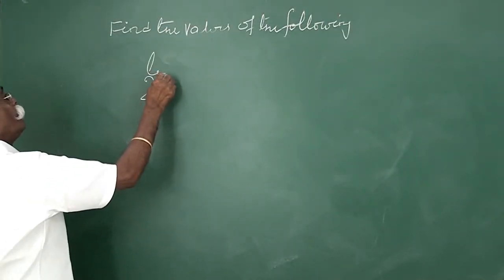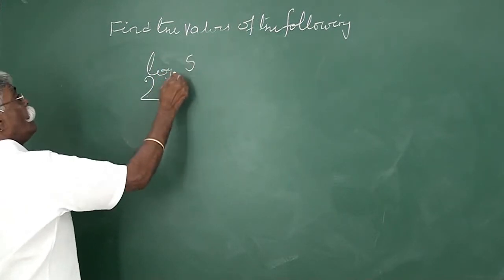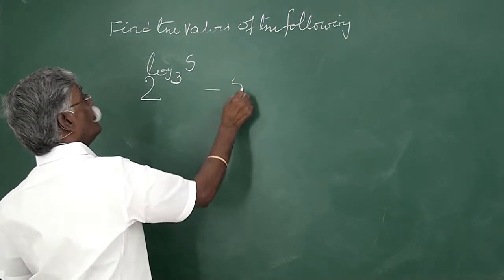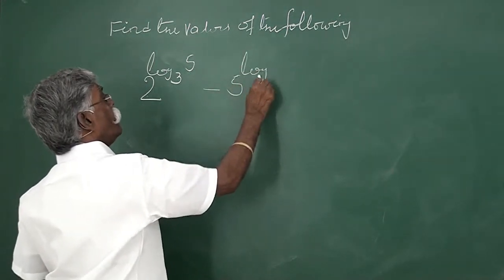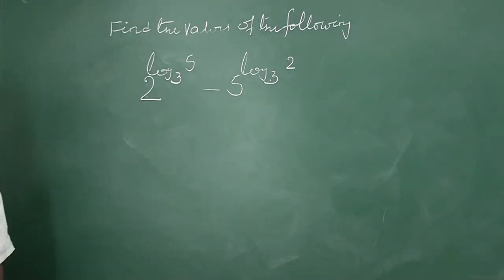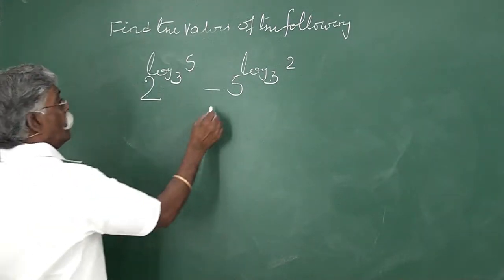2 power log 5 base 3 minus 5 power log 2 base 3. We have to find the value of this.